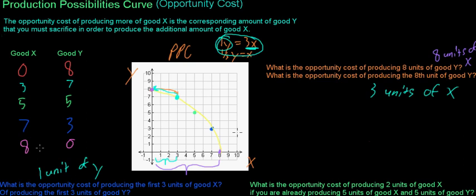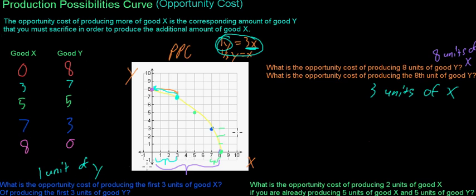And then what's the opportunity cost of producing the first 3 units of good Y? Well, that's saying that if we start over here, to produce the first 3 units of Y, going 1, 2, 3, we have to sacrifice 1 unit of X. So we have to move from producing 8 X to 7 X in order to get 3 Y. So then this is 1 unit of X. And what I want to point out here is that the opportunity cost is always quoted in units of the good that you give up.